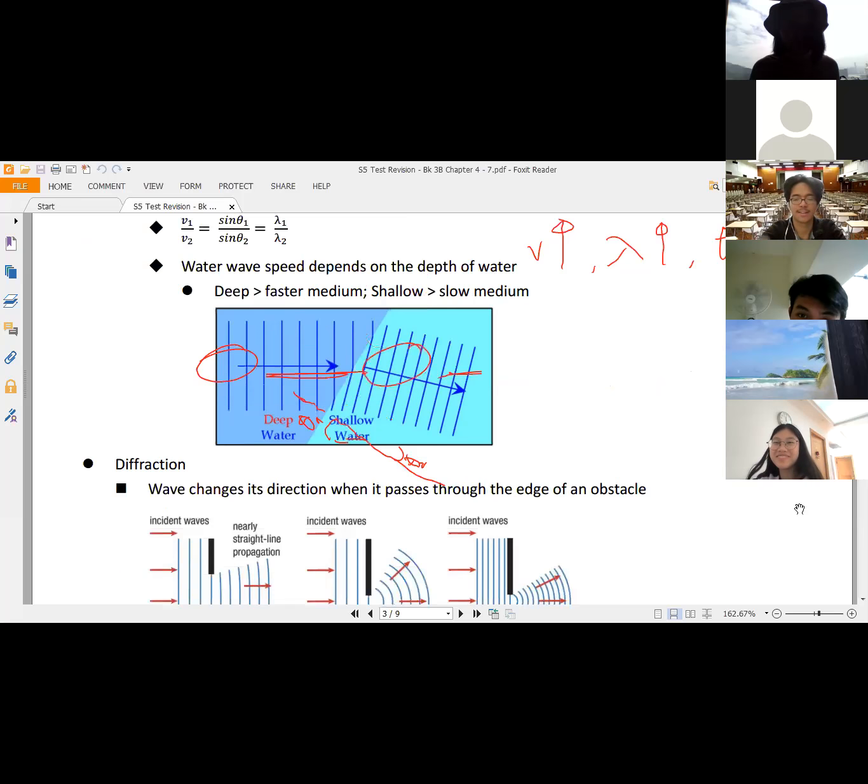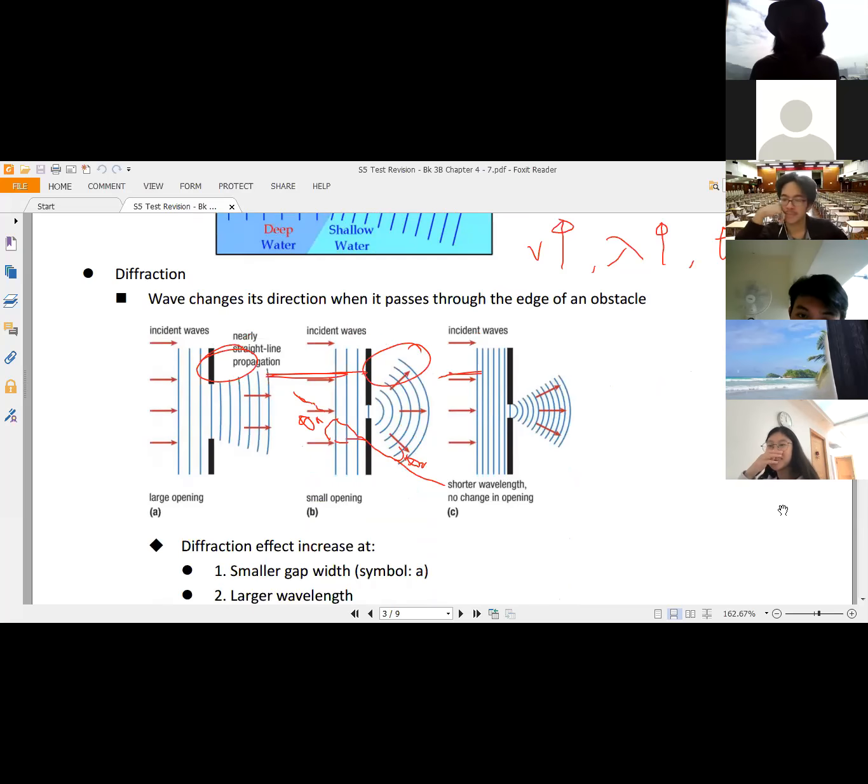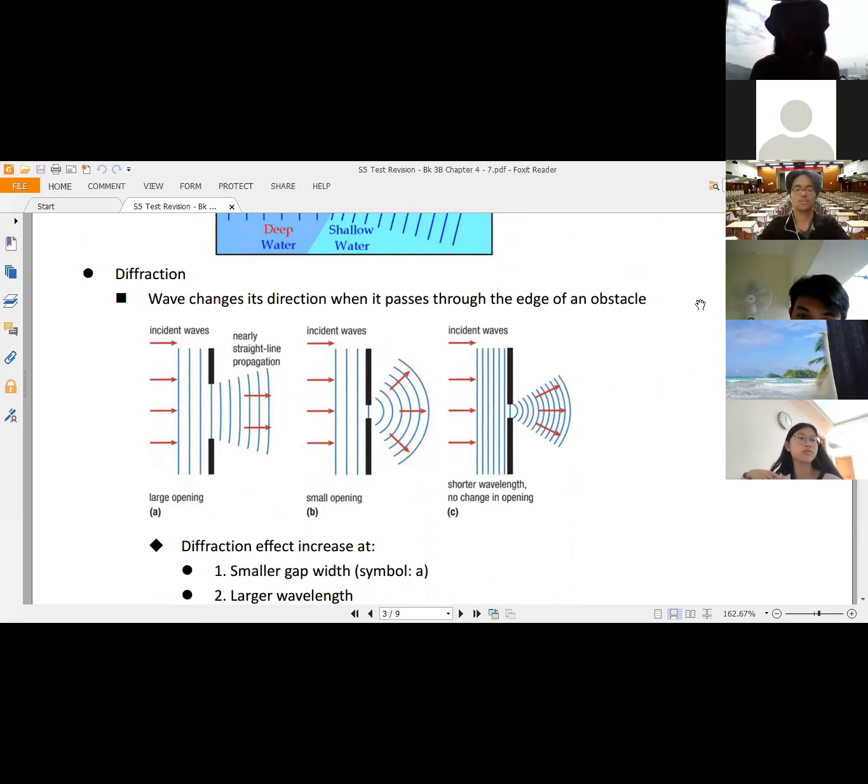It's about diffraction. All right, diffraction. Sorry, got stuck. Okay, good. Now for diffraction, you may check with this information, these 3 graphs. They have different intensities of diffraction effects.